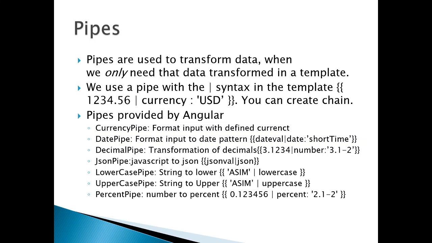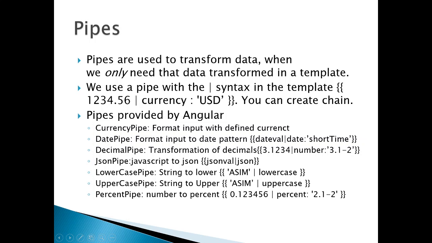Then the last concept of today's class is the pipe. Pipe is the way to convert, to change the input. It takes an input and provides the output. Angular has some built-in pipes. You can create your own pipe, but Angular has some built-in pipes, just like the currency pipe. You can apply this currency pipe, and it will convert this value into the dollar sign USD currency format.